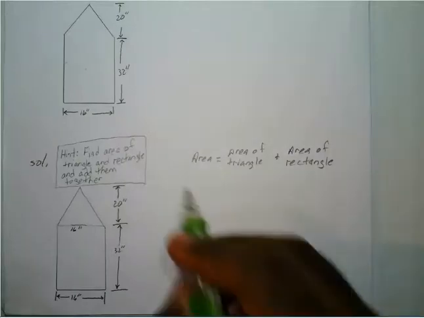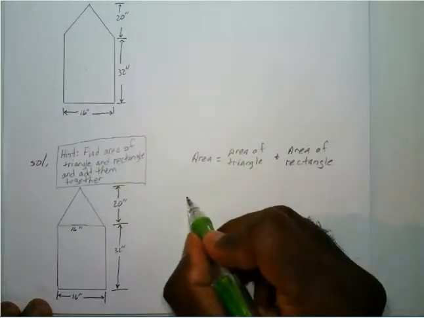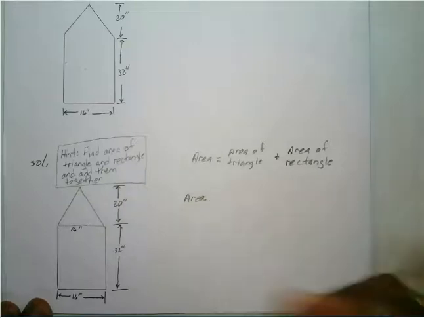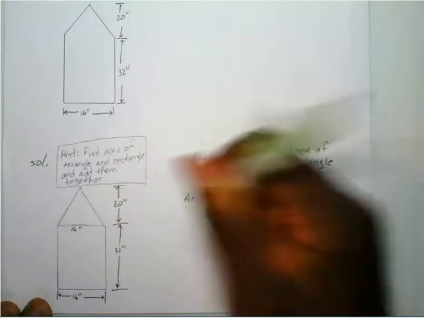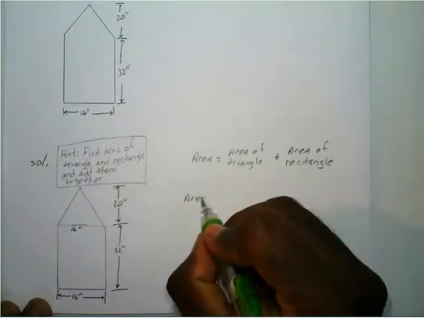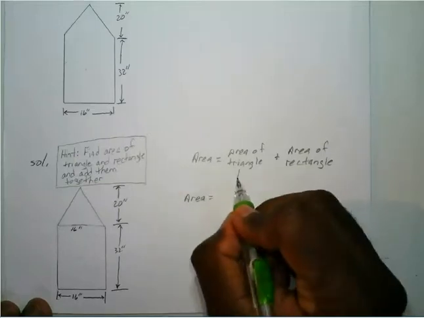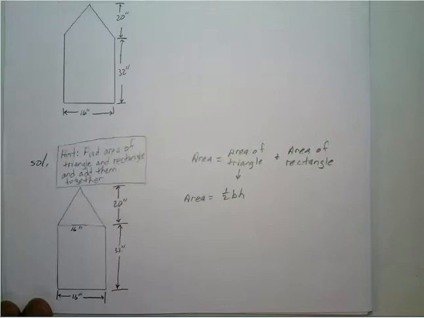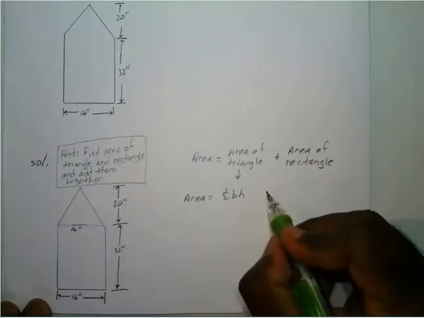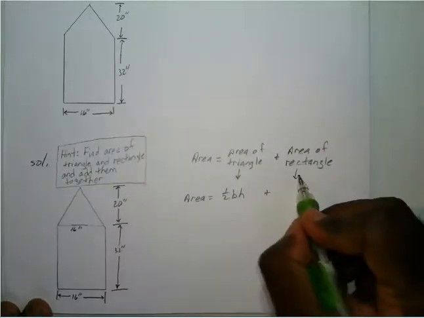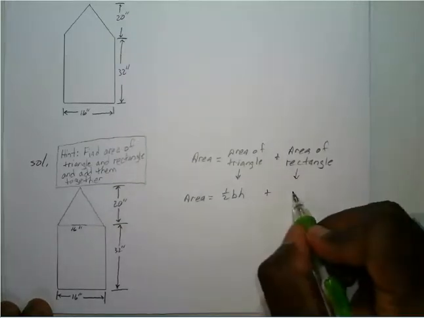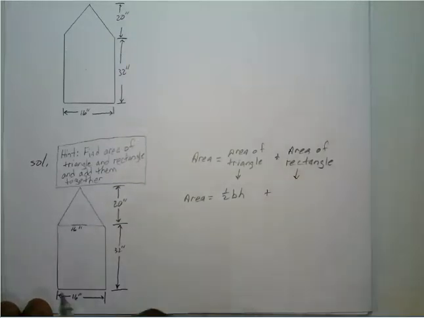Okay, now we know that the area of a triangle is 1/2 the base times the height, plus the area of the rectangle. Remember, that's just length times width.